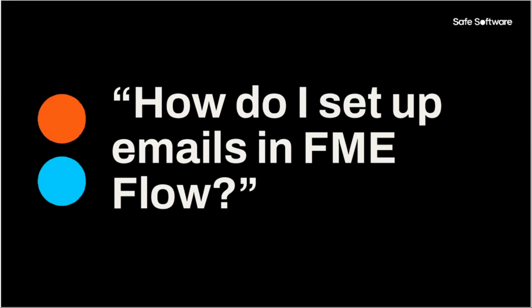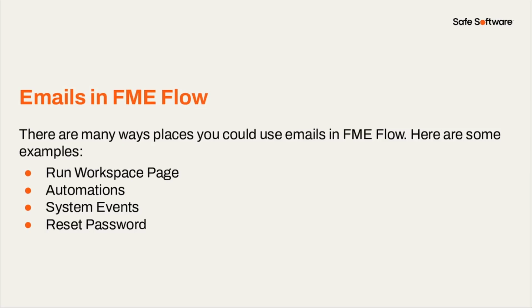All right, our next question here is on emails. So how do I set up emails in FME Flow? So emails in FME Flow, there's lots of places you could potentially use emails within FME Flow, but here are a few examples.